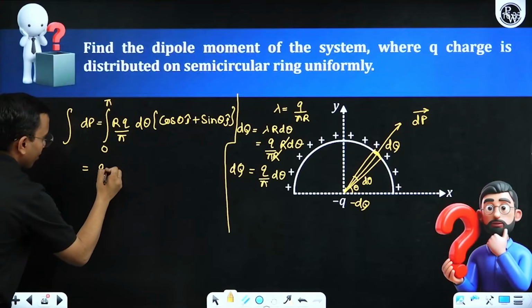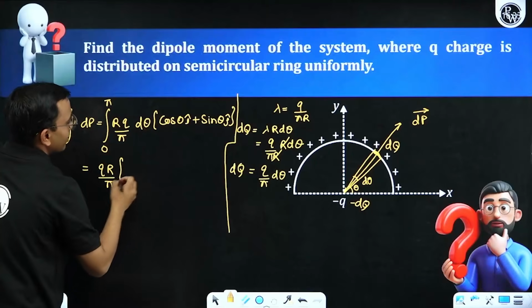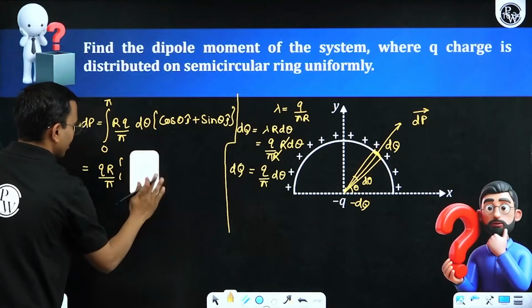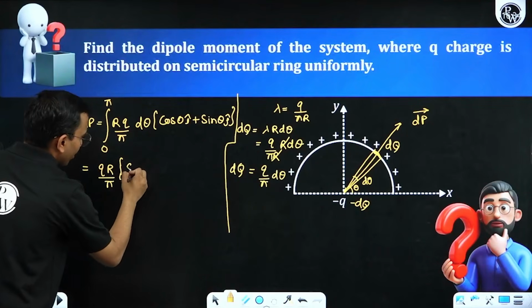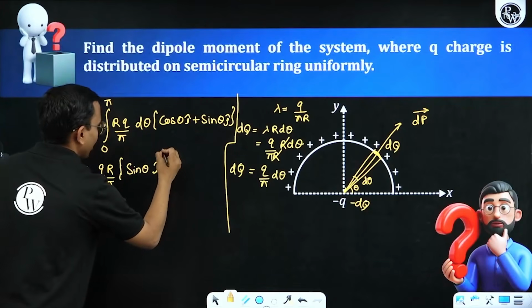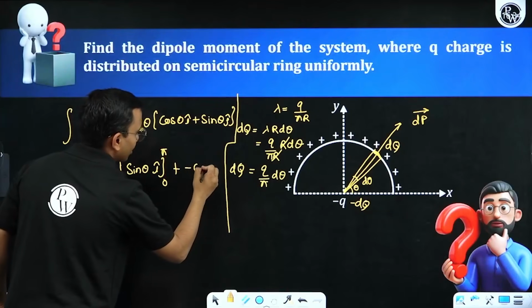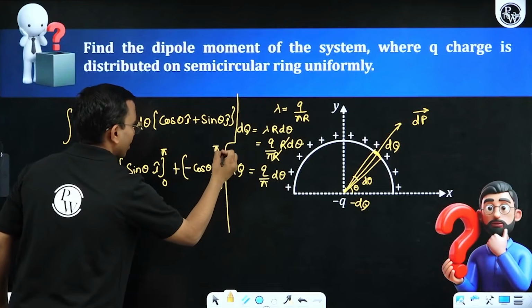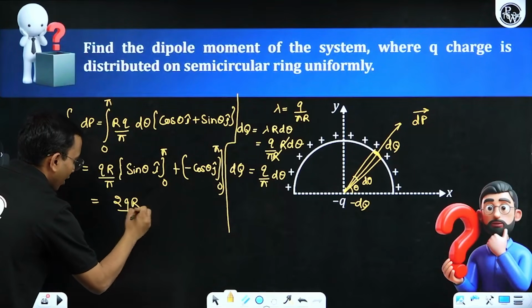QR by pi is a constant, taking that out, cos theta integration is sin theta i cap from 0 to pi, plus sin theta integration is minus cos theta j cap from 0 to pi. The i cap integration will become 0. This gives 2qr by pi.